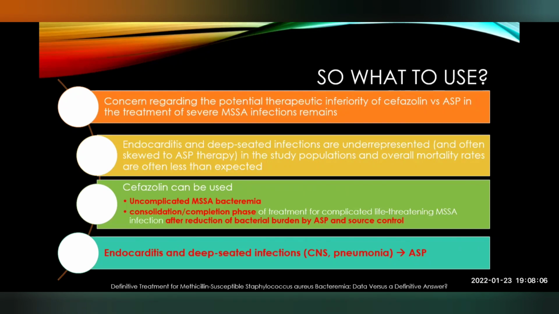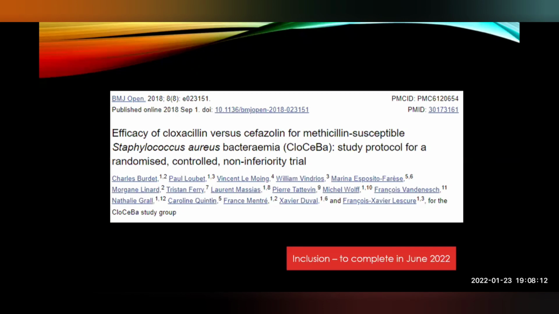So if there is a large abscess and you're able to drain most of it, you can still give cefazolin. Again, as I mentioned, this is ongoing. Most of the studies and systematic reviews had conclusions based on retrospective analysis.